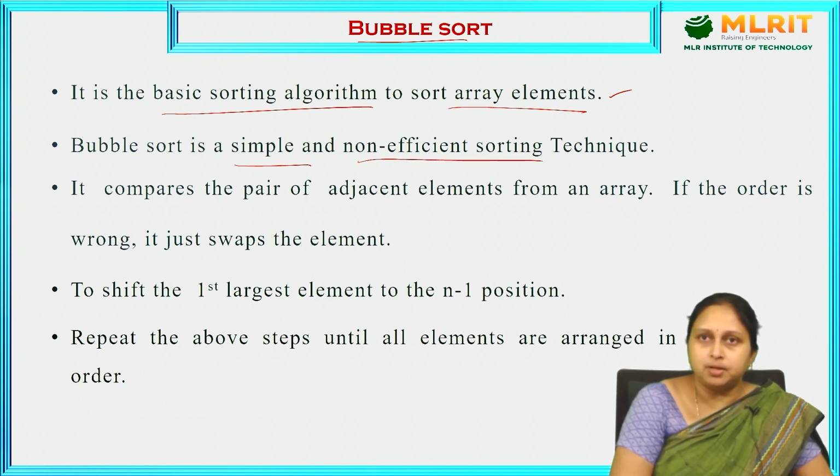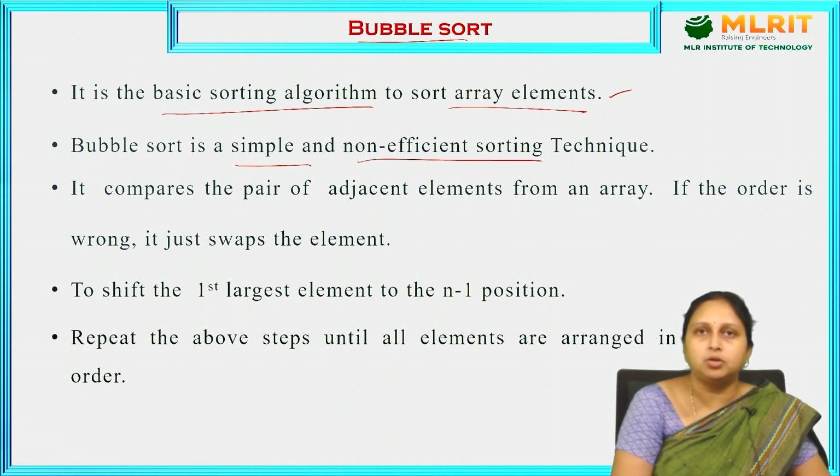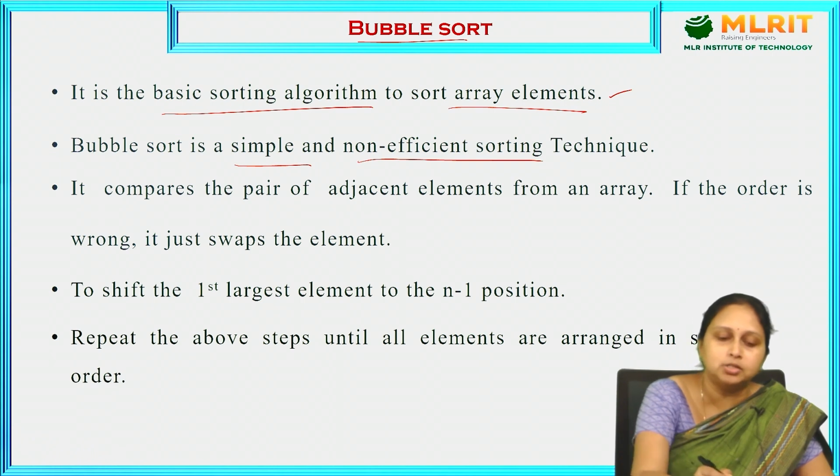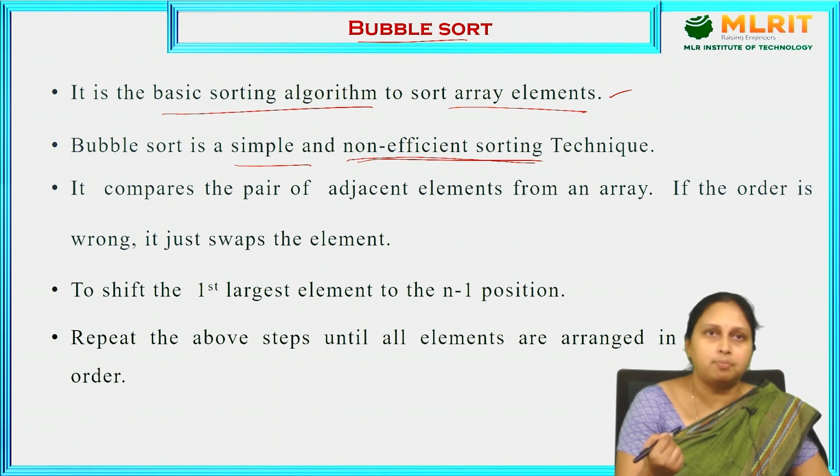It is very simple when you are going to perform sorting, and it is considered non-efficient. Why is it non-efficient? I will let you know why, because when you see the algorithm with an example, you will know why it is called non-efficient. First we will see how the logic is applied on the given elements to perform bubble sort.